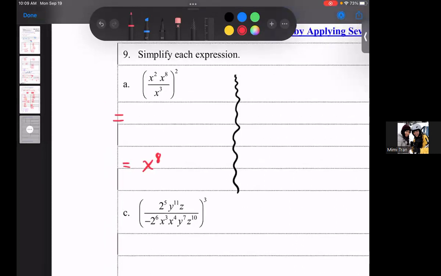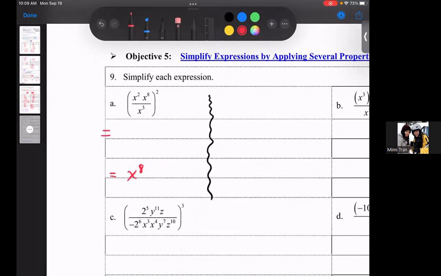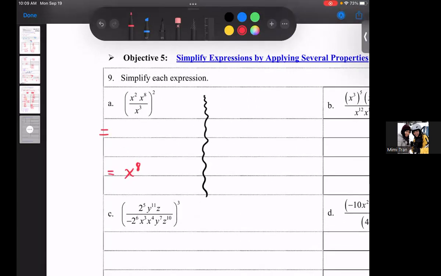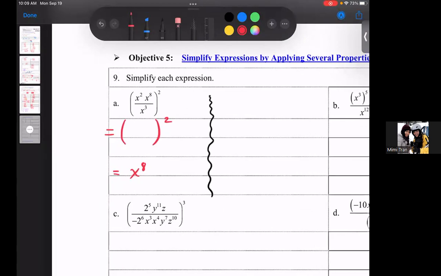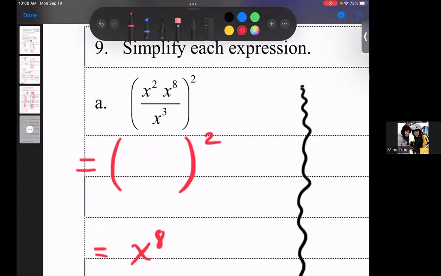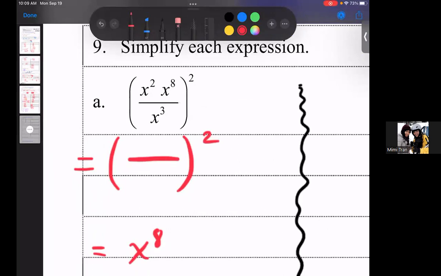Okay, my favorite method is this. I like to simplify what's inside the parentheses first. I'm gonna rewrite the square outside so I don't forget. X squared and x to the 8, how do I combine them? Yeah, so x to the 10. And then in the denominator is x cubed. What else can I do?